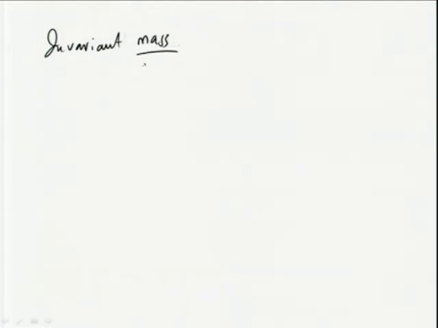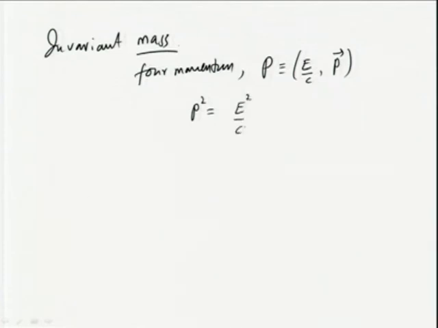Let us consider the 4 momentum of any particle, say, let me denote it by P, which is essentially a 4 component object with energy divided by c as the 0th component and the 3 momentum as the other 3 components. Now, if I take a dot product of this 4 momentum with itself, I will get P square equal to E square by c square minus p square.